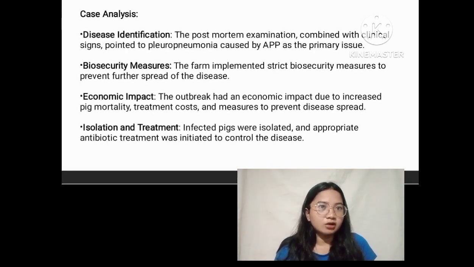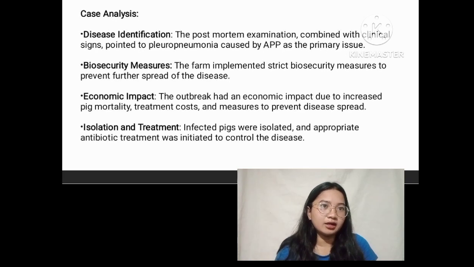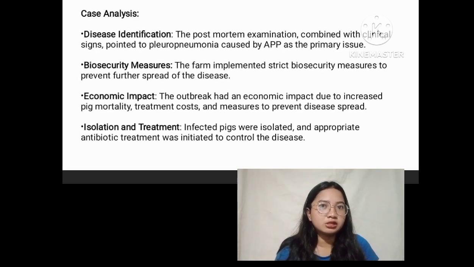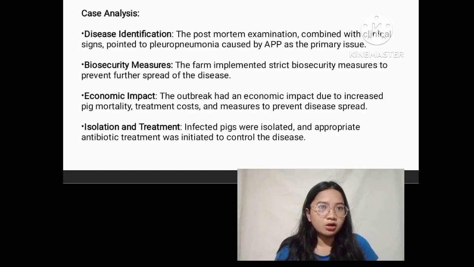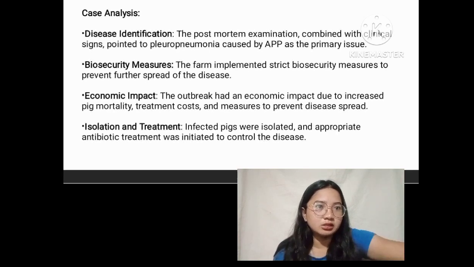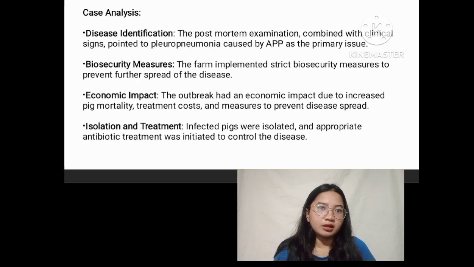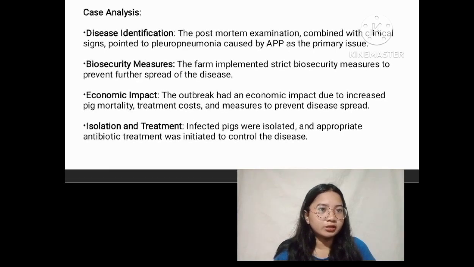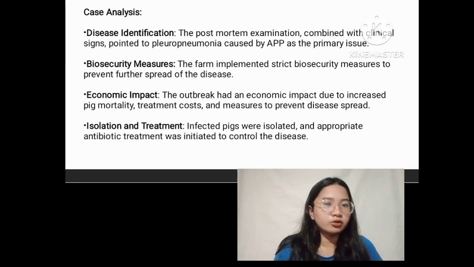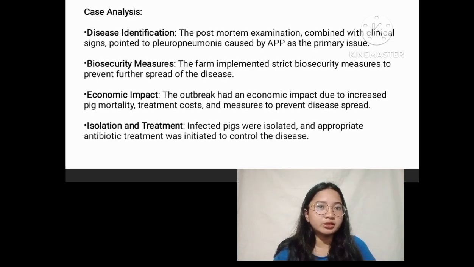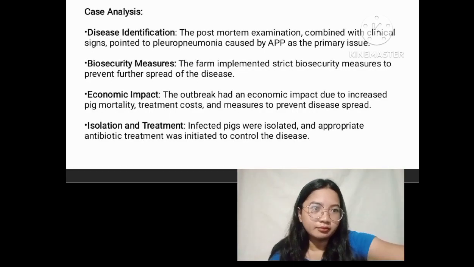Economic impact. The outbreak had an economic impact due to increased pig mortality, treatment costs, and measures to prevent disease. Isolation and treatment. Infected pigs were isolated and appropriate antibiotic treatment was initiated to control the disease.